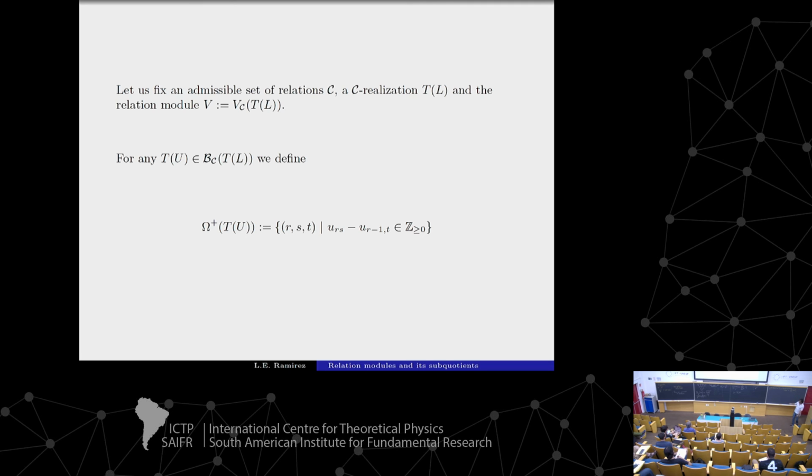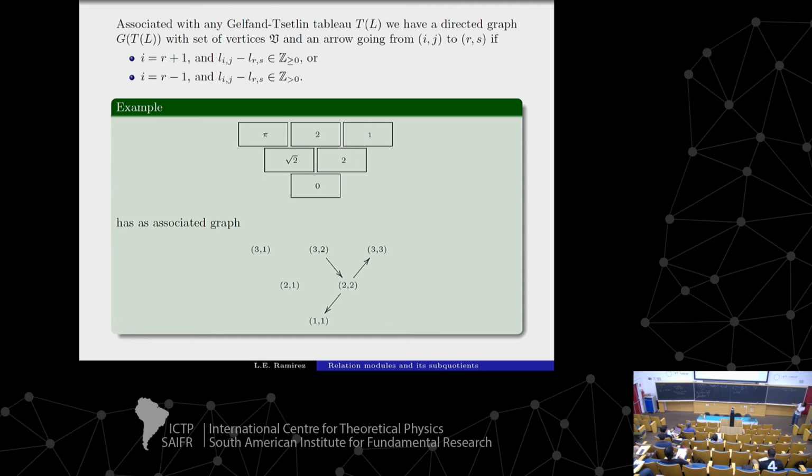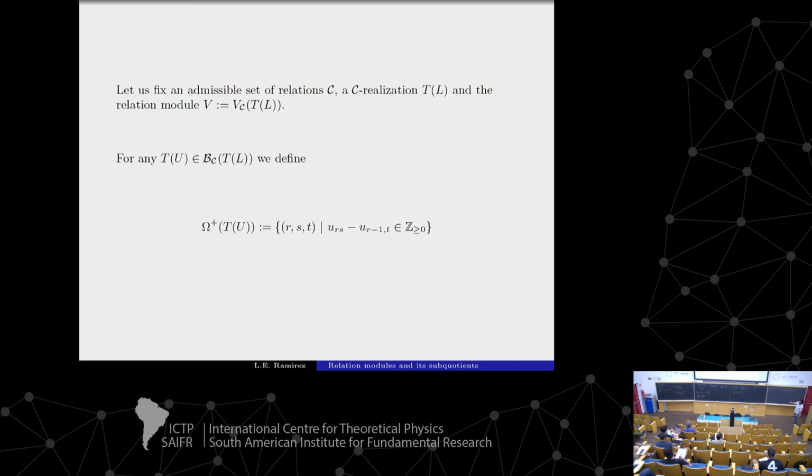So I define a graph associated with any tableau, G of T of L, and I define this set omega plus. The best way to think about this set is arrows pointing down.